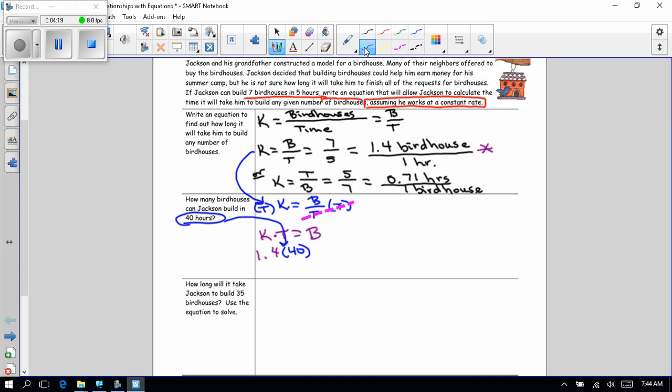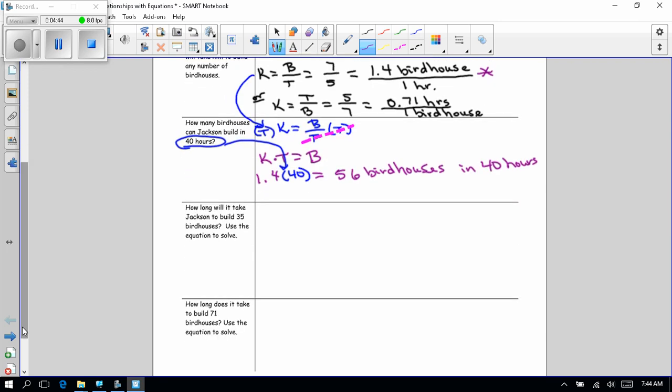And then I grab my calculator, and I find out that he can make 56 birdhouses in 40 hours. Works a full work week, and he could get 56 birdhouses made. How long will it take him to build 35? Let's suppose he only has an order for 35. Only. That's still a lot of birdhouses.